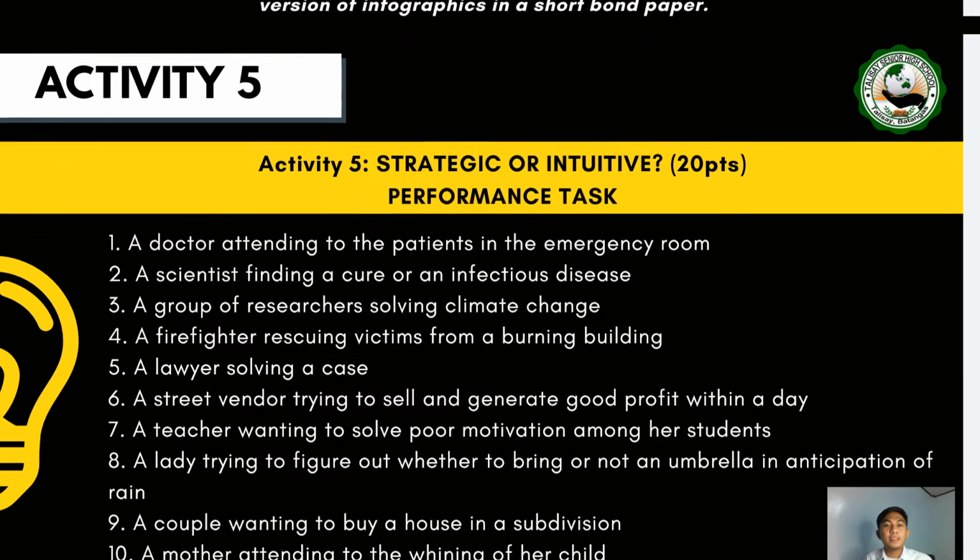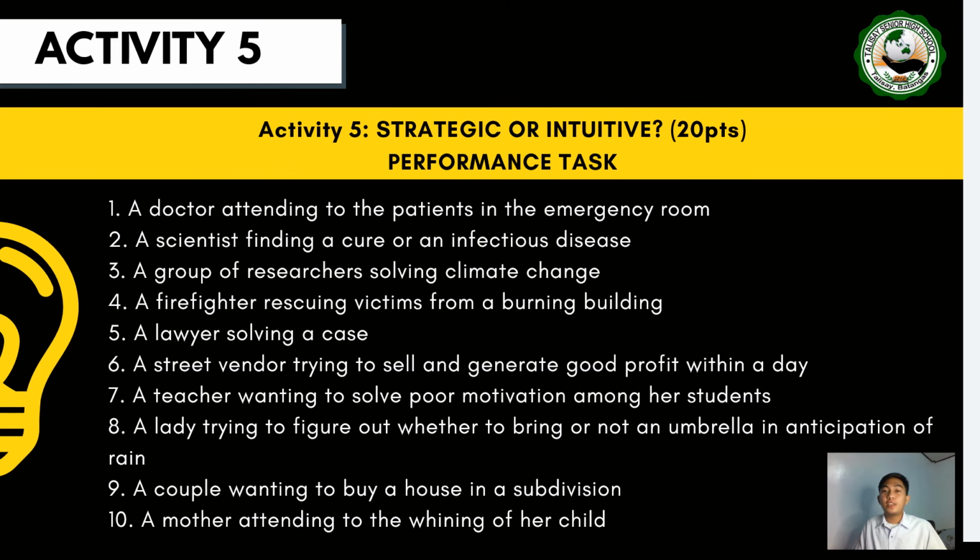Next, activity 5, strategic or intuitive. Okay. So this is a performance task. So using your collabs, your groupings, you're just going to pick two from these 10 scenarios, and then you're going to identify whether it requires strategic analysis or intuitive thinking.